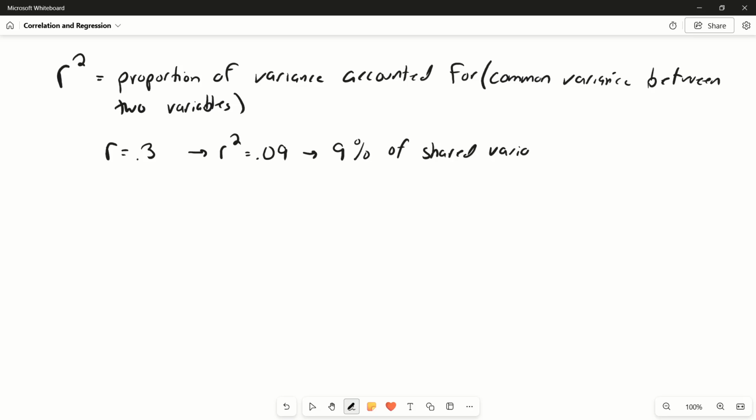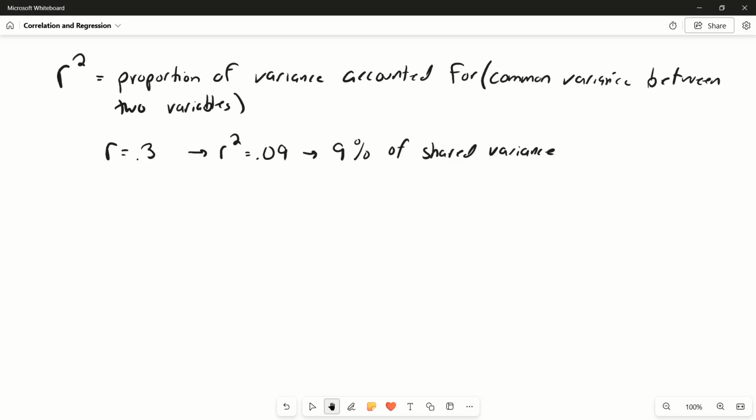That means that one variable accounts for 9% of the variability in the second variable. Doesn't matter which variable you're looking at. One of those two variables only accounts for 9% of the variance of the second variable, which means there's 91% not shared or not accounted for.